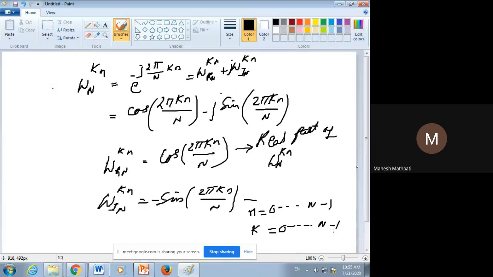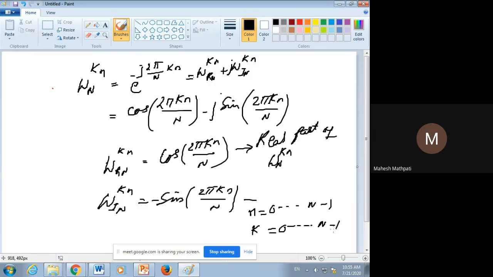Similarly, k varies from 0 to N minus 1, and hence W_N to the power kn takes N different values.